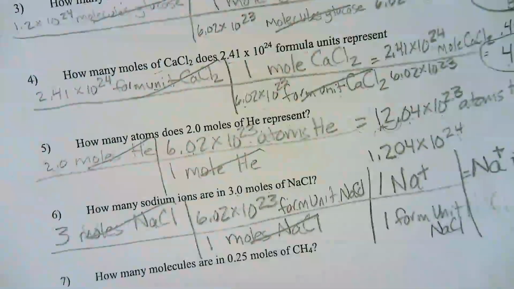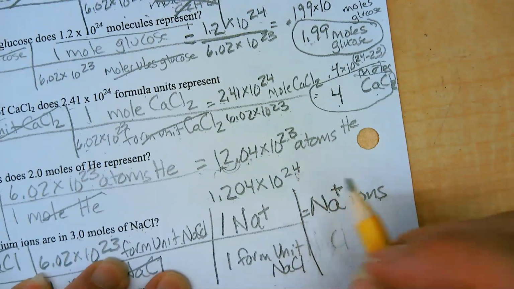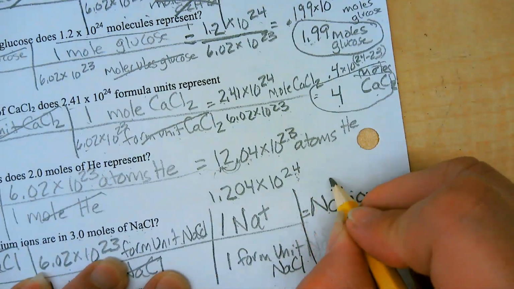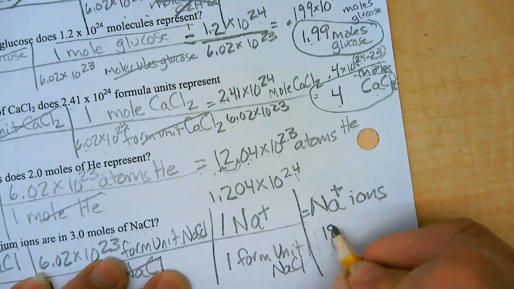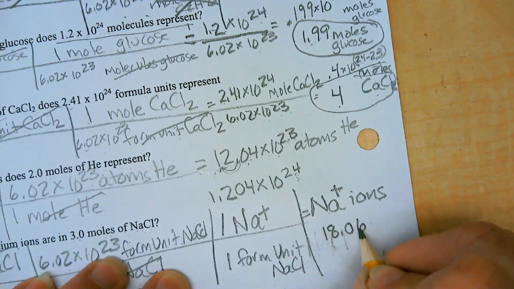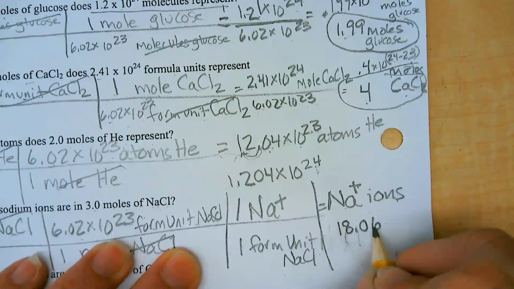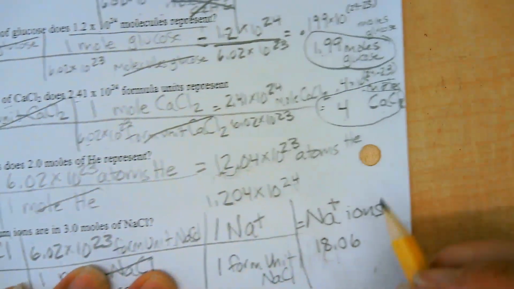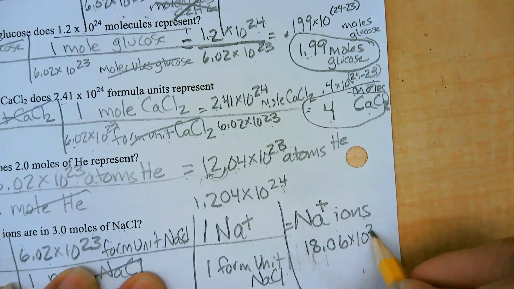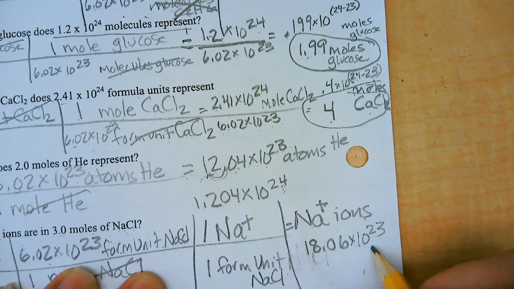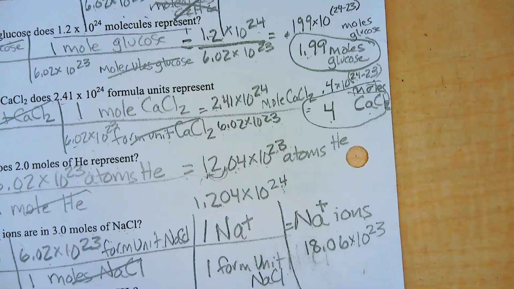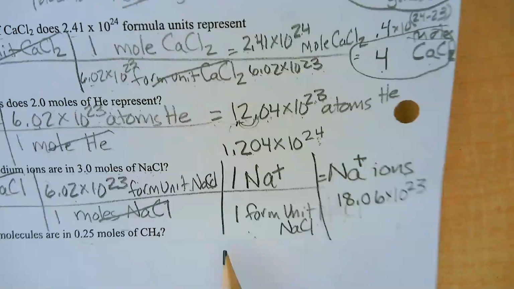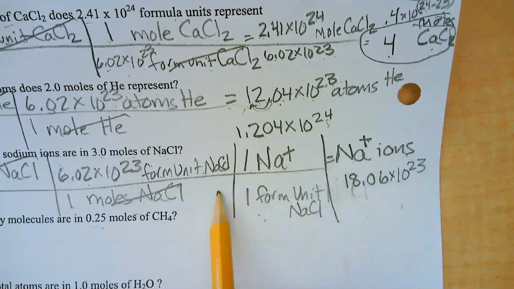So 3 times 6.02. So 6 times 3 is 18. So 3 times 6.02 is 18.06 times 10 to the 23rd sodium ions. And it's just divided by 1, so we don't worry about that.